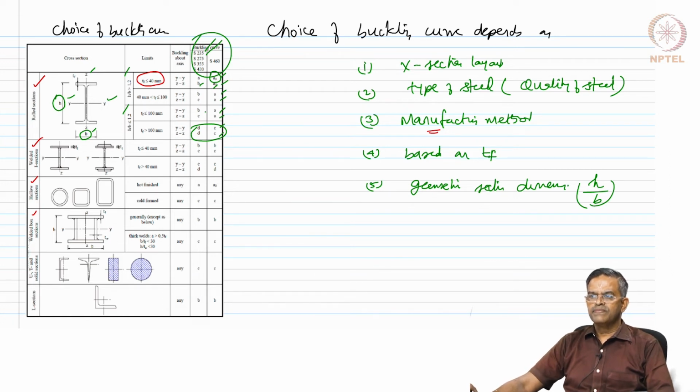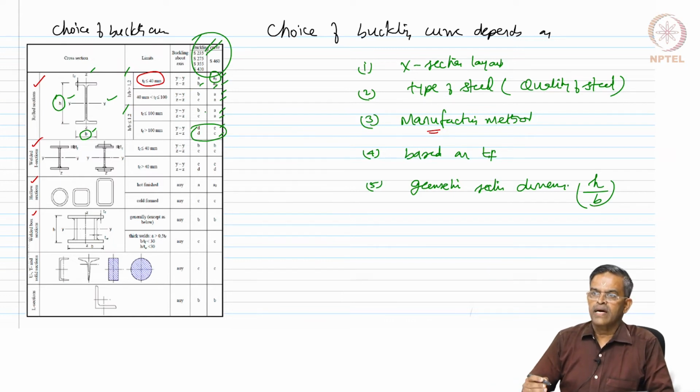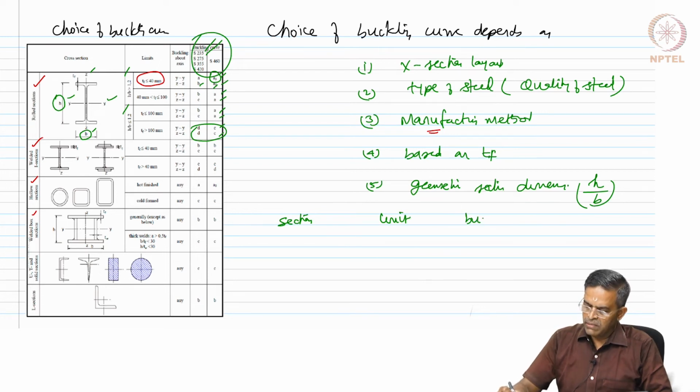Furthermore friends, in a short summary we can say that for a given type of section, there is a limit value and the recommended buckling curve.